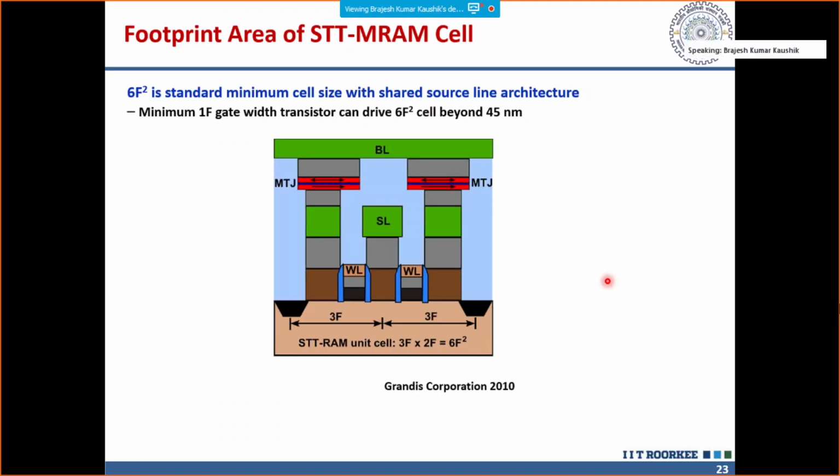Now going about footprint area of all these STT-MRAMs and how big this footprint would be. So the footprint area of STT-MRAM, if you go into the details, 6F square is a standard minimum.